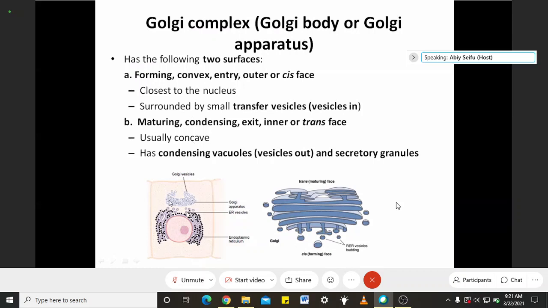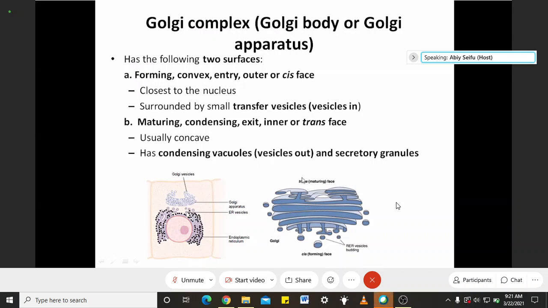The opposite surface is the surface through which, once substances received are modified, will be released. So this opposing surface is named as maturing, condensing, exit, or other. It has several names. Usually this surface is concave, whereas the opposite surface, the receiving surface, is convex.